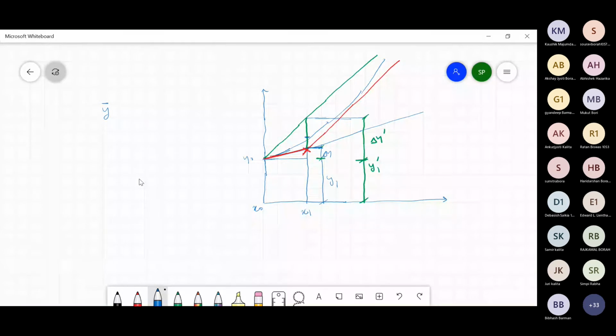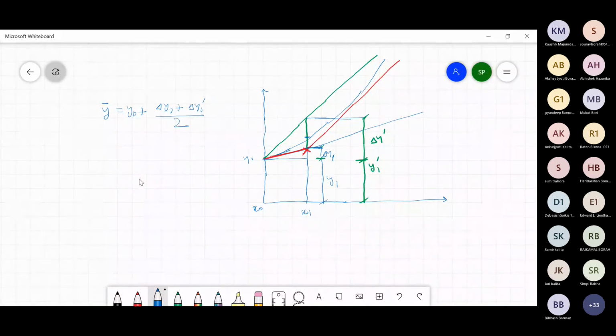What is the concept that I am telling you? y1 is equal to y0 plus delta y1, this is delta y1, plus delta y1 dash, divided by 2.